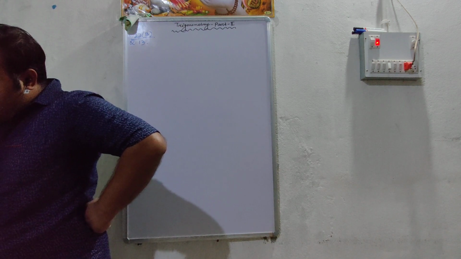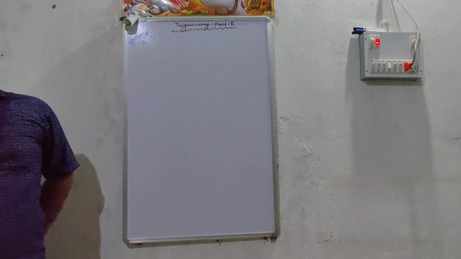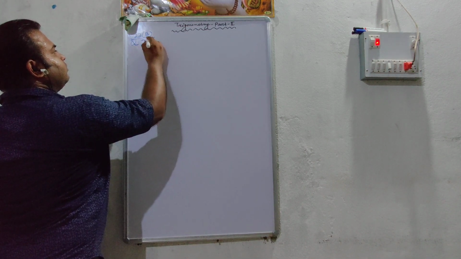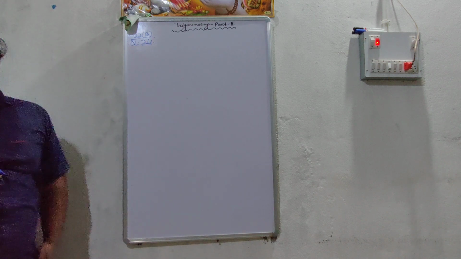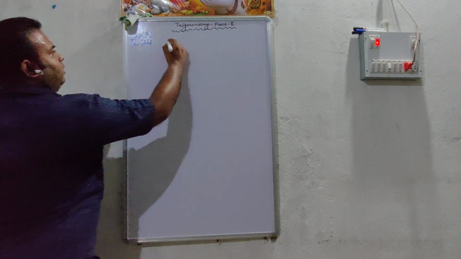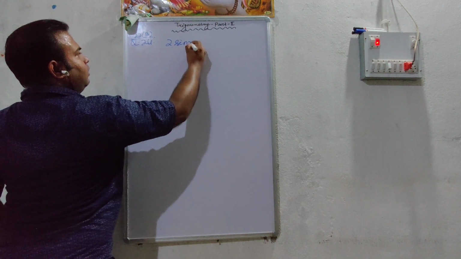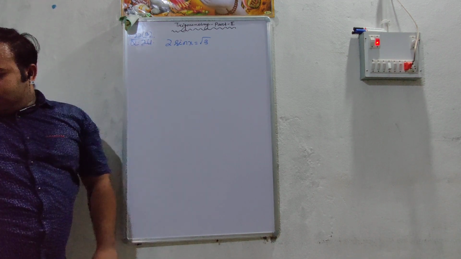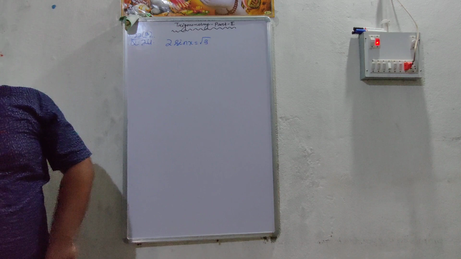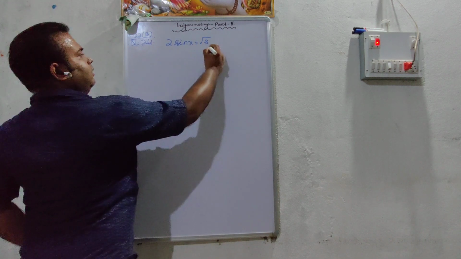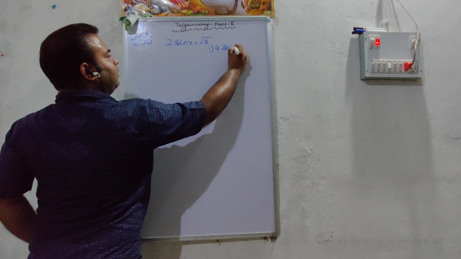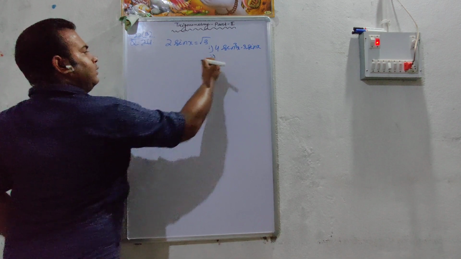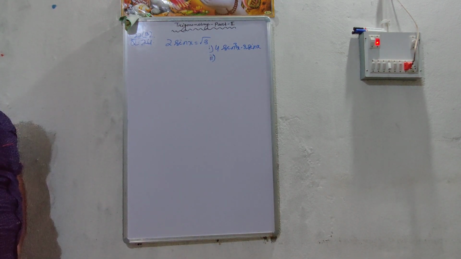Given that, 24 number, 2 sin x equal to root 3. If it is given that 2 sin x equals root 3, we will have to find the value of 4 sin cube x minus 3 sin x, and 3 cos x minus 4 cos cube x.